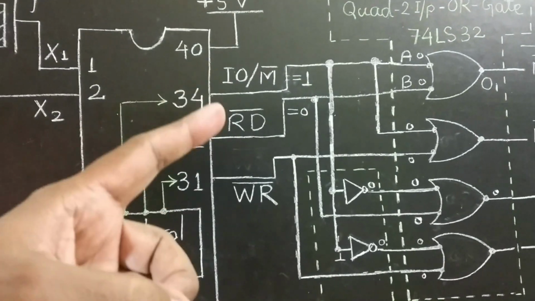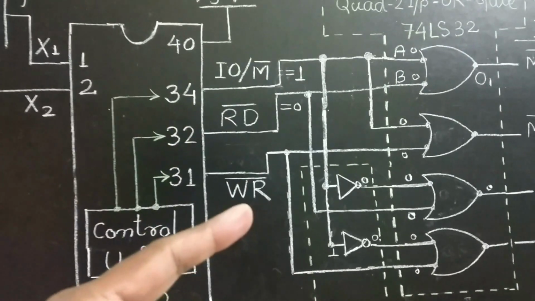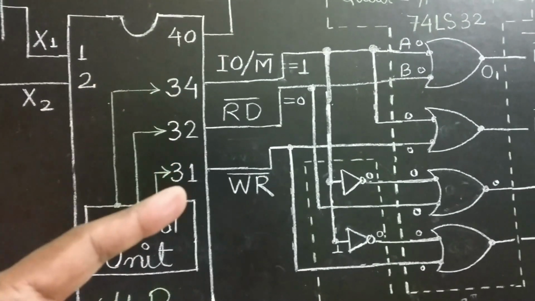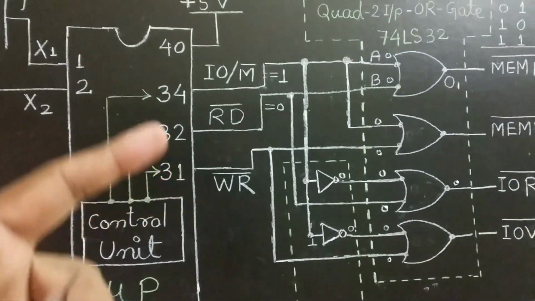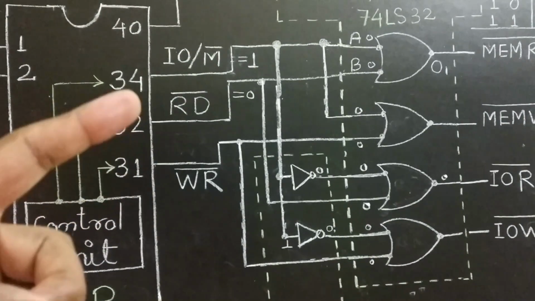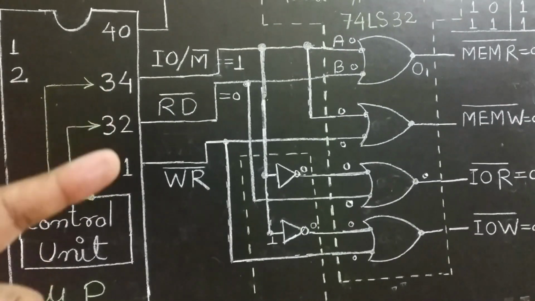Generally we remember the names: IO M bar, read bar always comes first, then write bar. And for remembering these 3 pin numbers, we can say 1, 2, 3, 4. Here 3 is taken out, we have 1, 2, 4, and we can write 3 here.